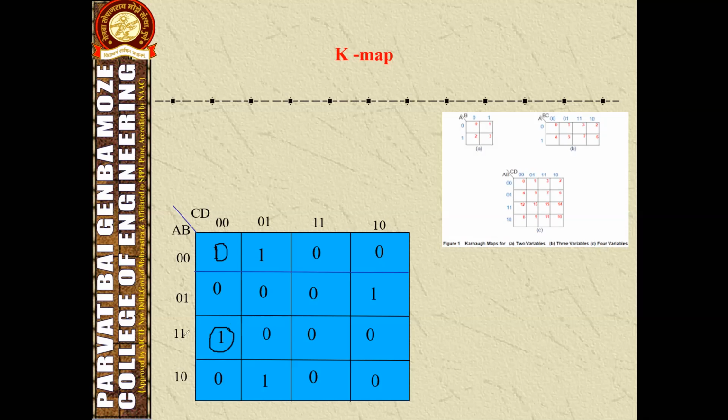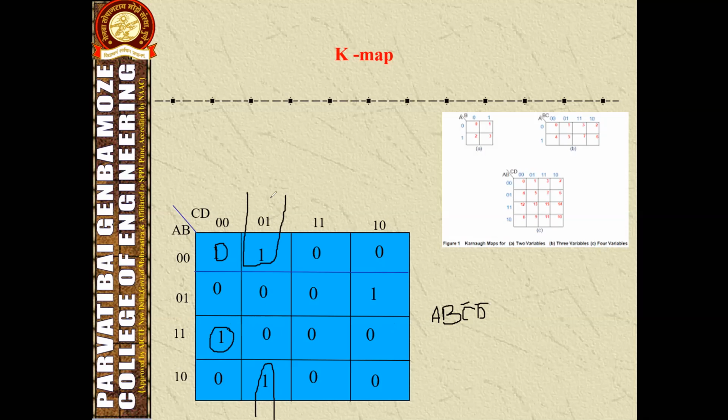So what is the value of this? This one has A, B, C bar, D bar. And the ones at the corner or at the edge we can group together.